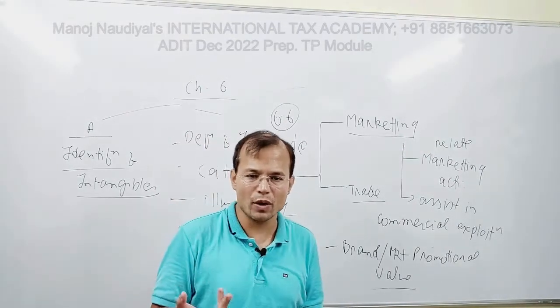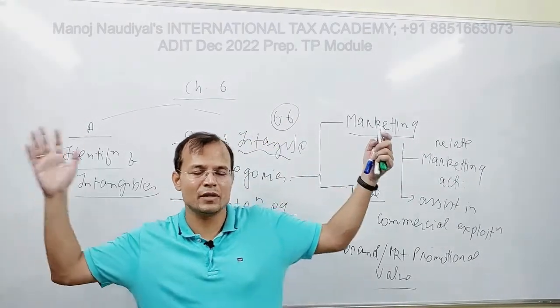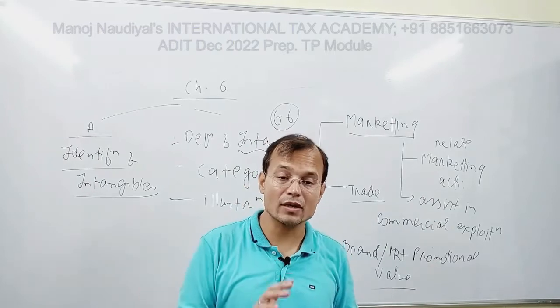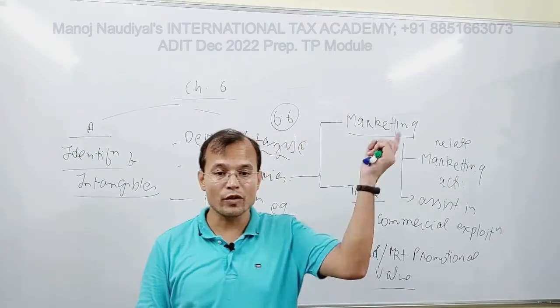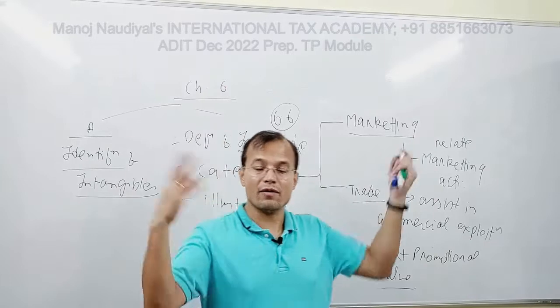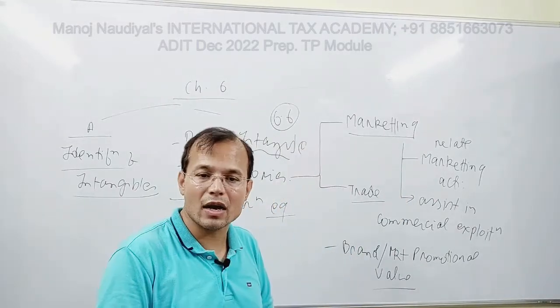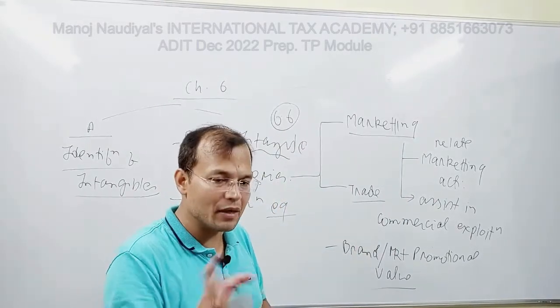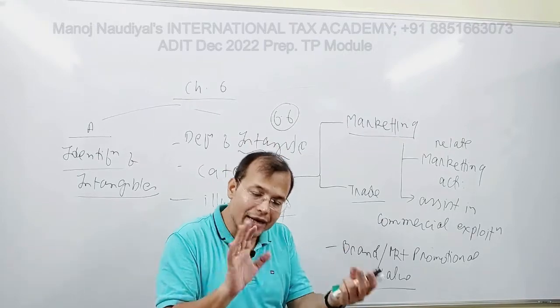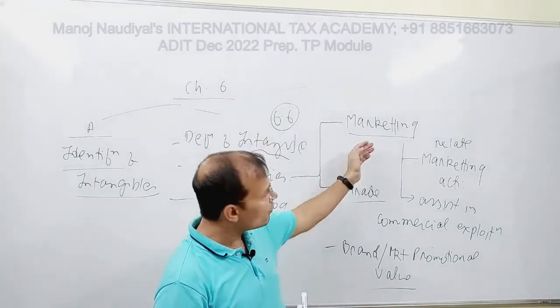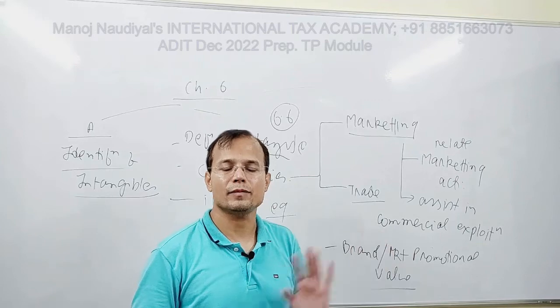But do you know what a patented compound is? Those big chemical names. No. You are only concerned with Covaxin, Covishield, Moderna and Pharma. You know the drug not by the patent, the chemical formula, but by the trade name. So any intangible apart from marketing intangible is a trade intangible.